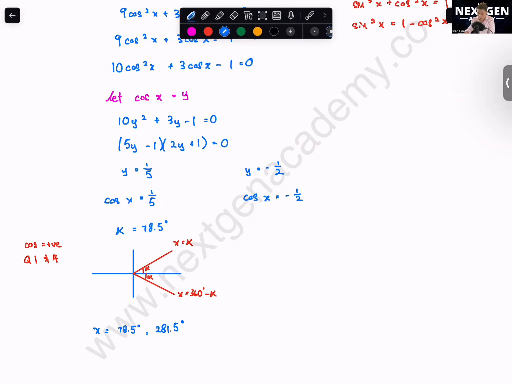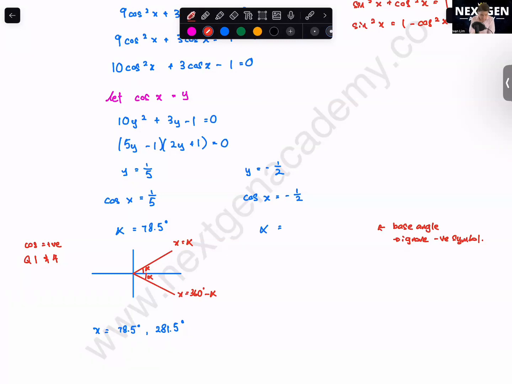Now for this one, the base angle, especially for those who are not so good here, you have to remember: ignore the negative symbol first. If there's a negative symbol, you don't put it into the calculation.